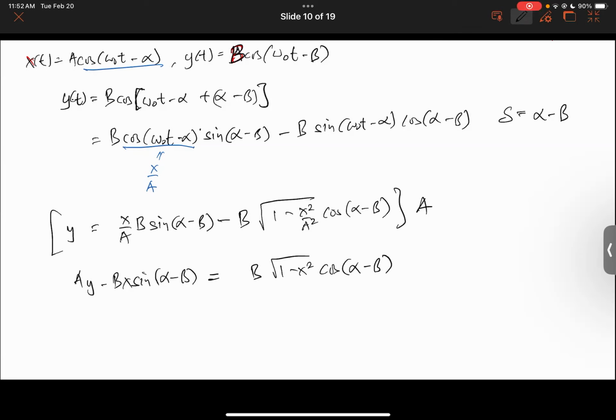Wait, is what I'm doing correct? It doesn't look right, and you're not correcting me. So this is cosine, and this is sine. By the way, we will replace alpha minus beta with delta. So ay minus bx cosine delta is equal to b square root of 1 minus x squared sine delta.